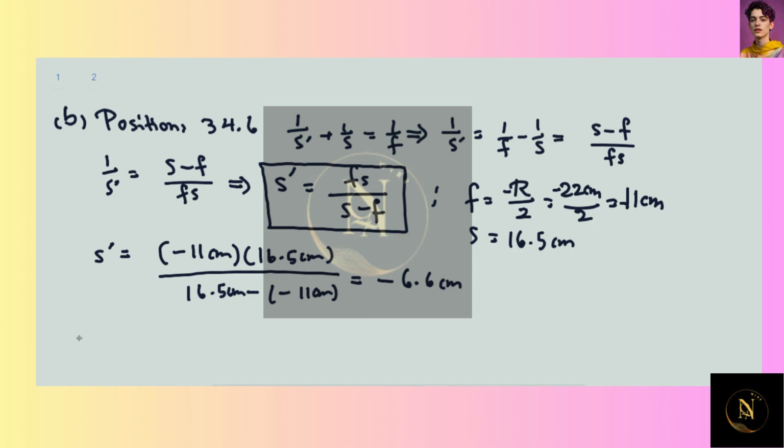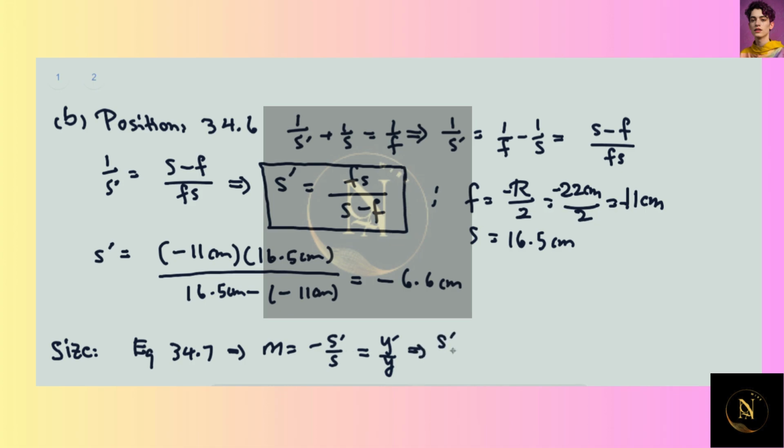And now to determine the size, we'll use equation 34.7. So from 34.7, that tells us the magnification is minus s prime over s, but it also says that m is also equal to y prime over y.